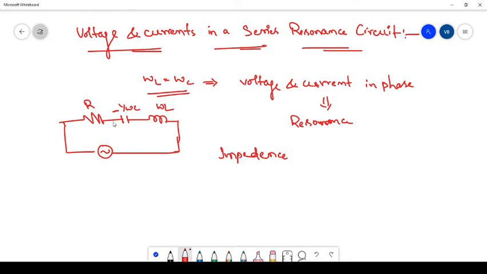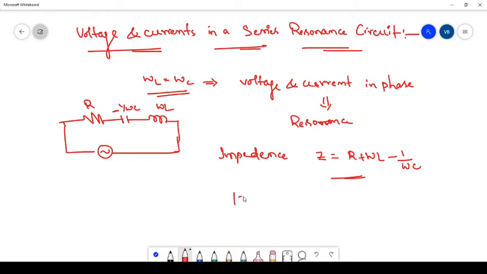What is the total impedance of this circuit? These three are connected in series, so we add the resistances of those three. So Z equals R plus inductor resistance, omega L, minus capacitive resistance, 1 by omega C. So this is the impedance.